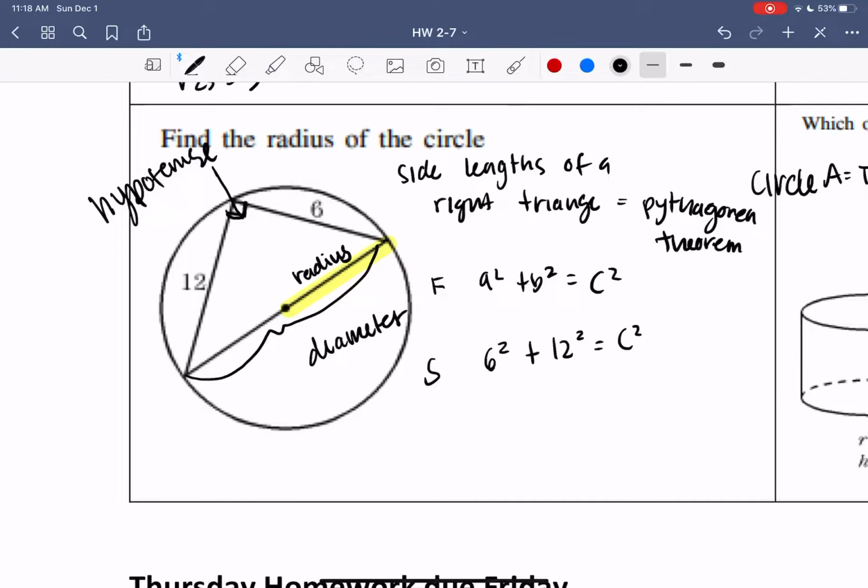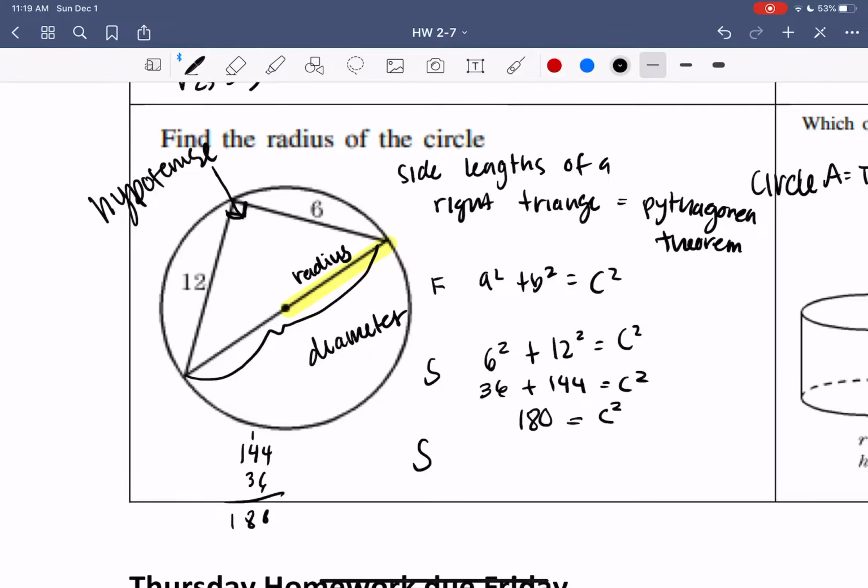And once we solve this, we'll have 36 plus 144 equals c squared. 36 plus 144, we have 180. So we have c squared equals 180.